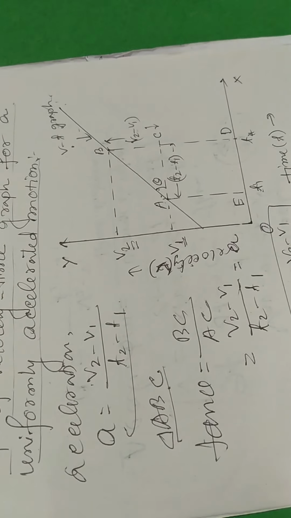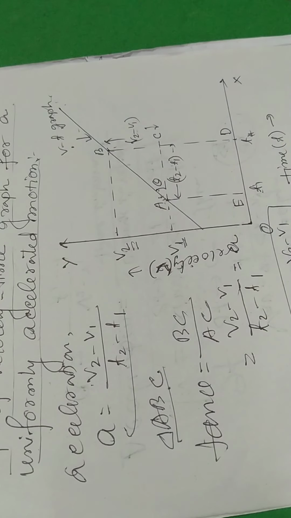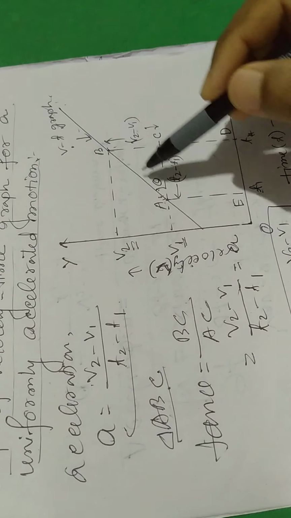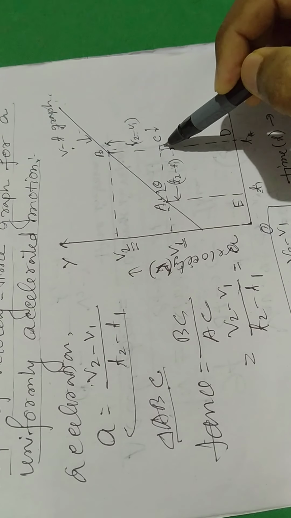Again I am telling you, this is the v-t graph for uniformly accelerated motion, and we are calculating the slope. We take two points A and B on the v-t graph. Then from right angle triangle ABC, tan theta equals BC by AC.